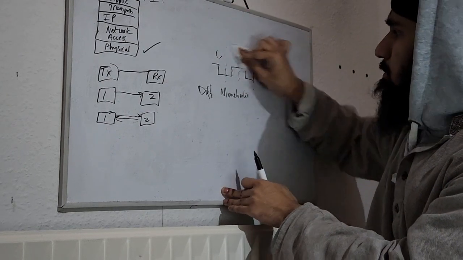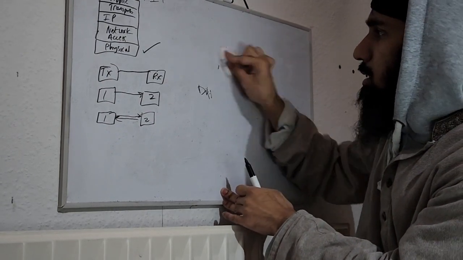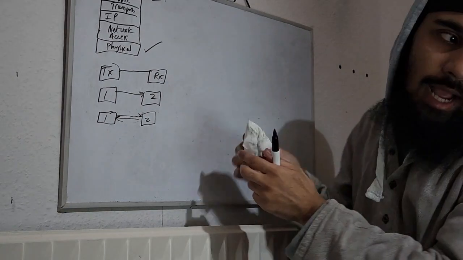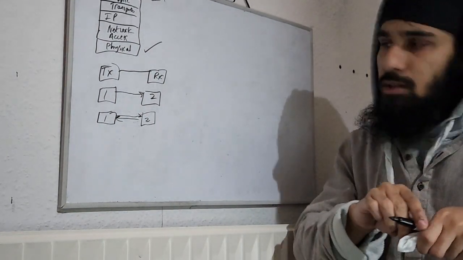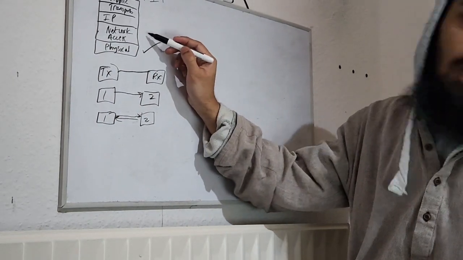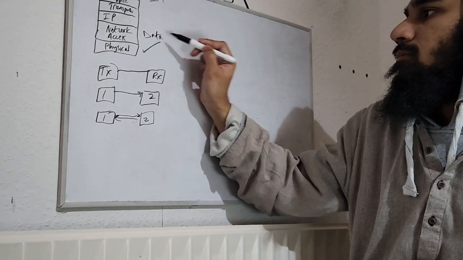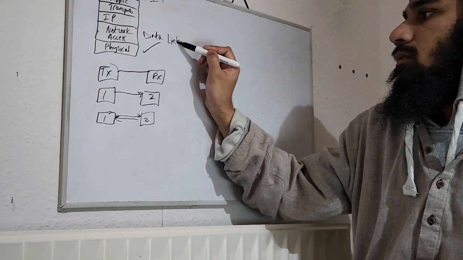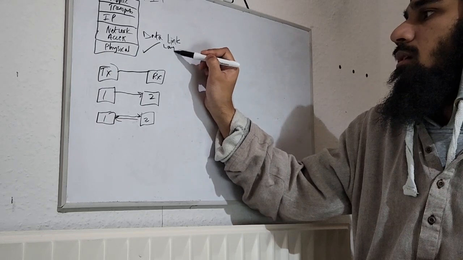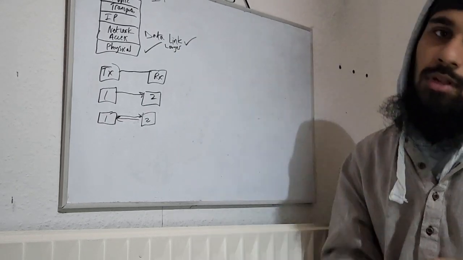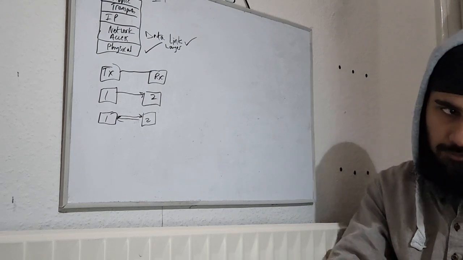Okay, so the next one we're going to be looking at is network access. It's also called the data link layer. So we're going to be looking at the data link layer.